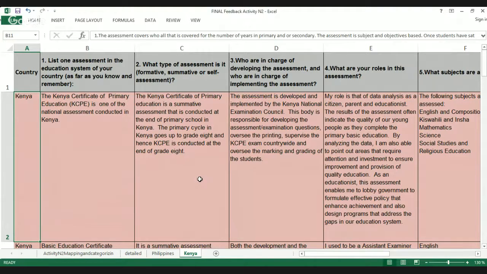But what was interesting was that even those participants from Kenya who are students or former students or current teachers, most of them went for this primary education certification examination. That seems to suggest that in Kenya, this kind of summative certification purpose is given very high priority at the country level. That is something I just wanted to point out.